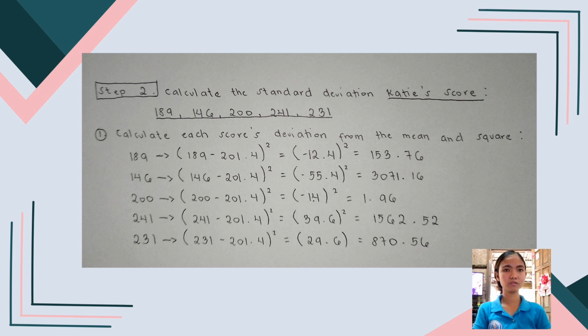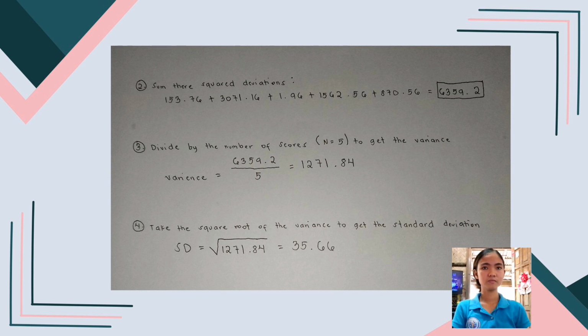Kay Katie's scores po muna is yan, 189, 146, 200, 241, 231. So first is calculate each score's deviation from the mean and square. So yan po yung kinalabasan. Kinalculate yung kay Katie's score. Hindi ko po sure kung tama po yan.